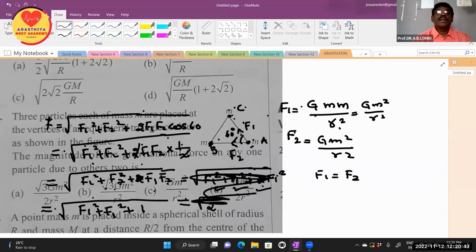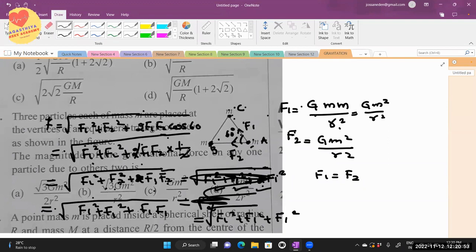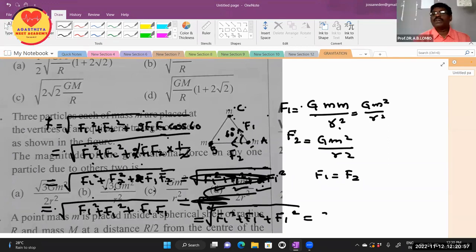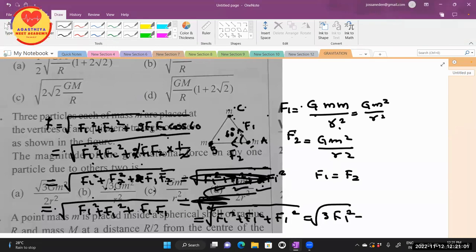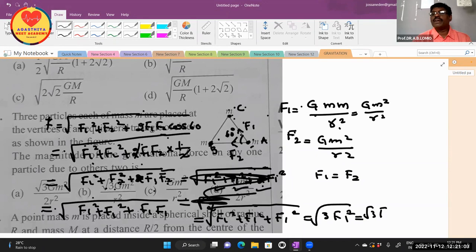Then F1 and again F1. It becomes F1 squared, F1 squared, F1 squared. So what comes? 3F1 squared.